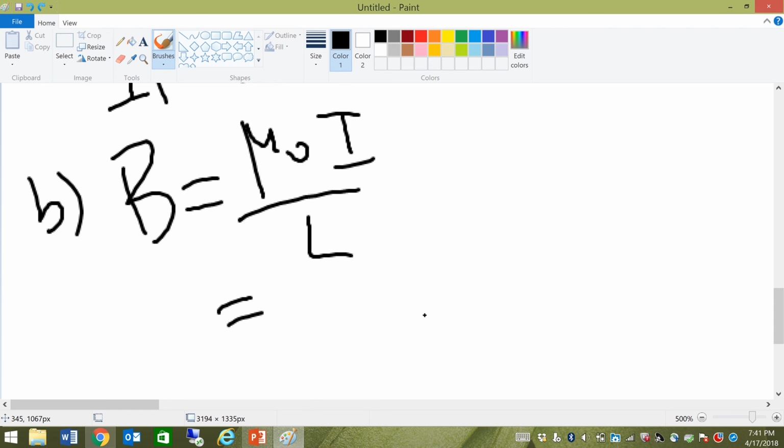We know what I1 should be in terms of I3, but we don't know what capital D should be in terms of lowercase d.